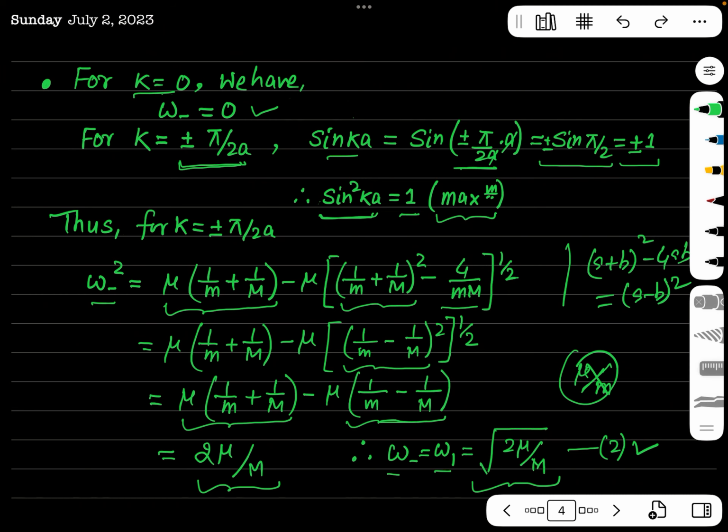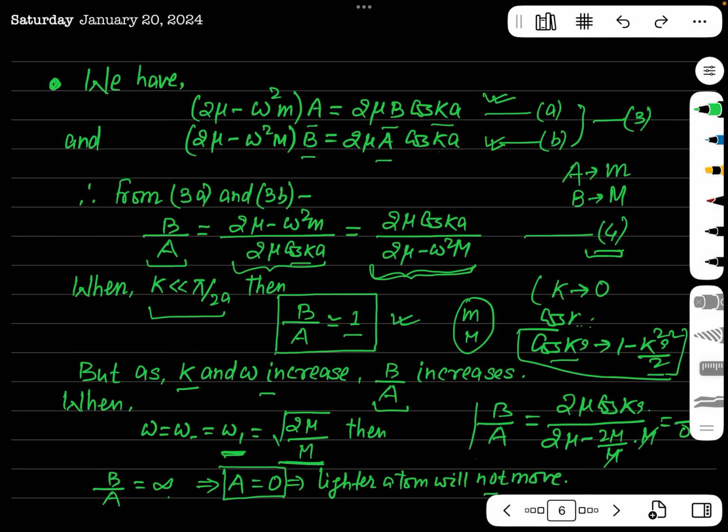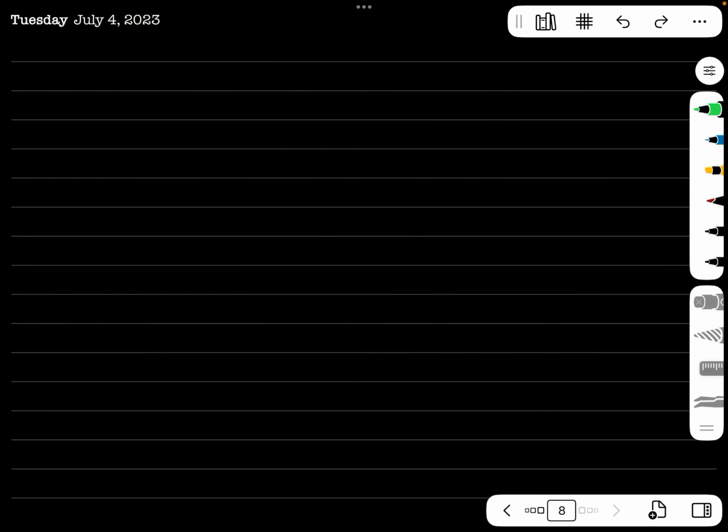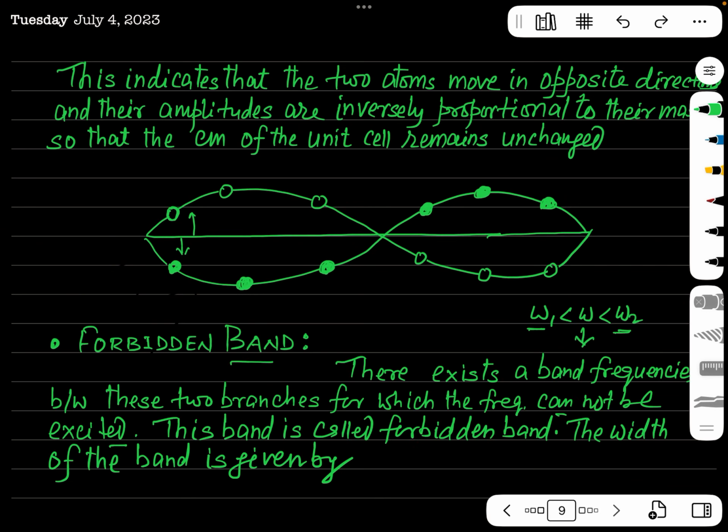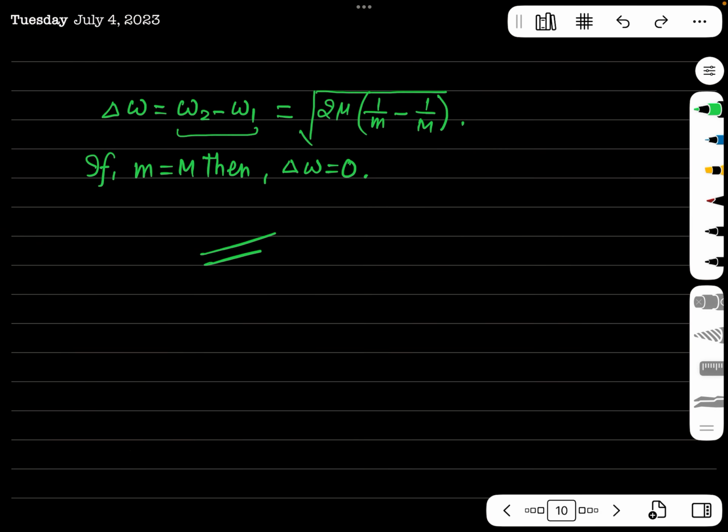So when you subtract omega 1 from omega 2, the square root of 2 mu can be taken as a common factor, and so this result will be the square root of 2 mu times 1 over m minus 1 over capital M. This is the bandwidth, this is the frequency gap.